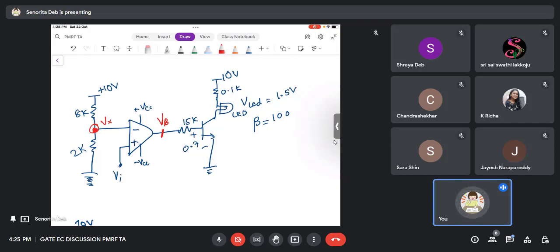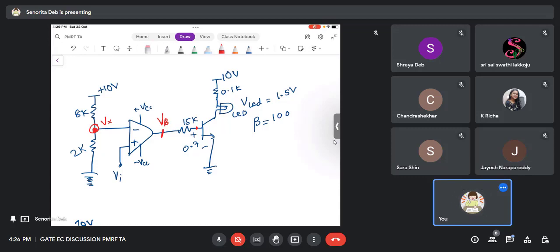Now if the output Vb is not sufficient to give plus 0.7 volts to the BJT, then the BJT will be off. If the base to emitter junction is not in forward bias, automatically your LED is not going to glow because there is no current flow.